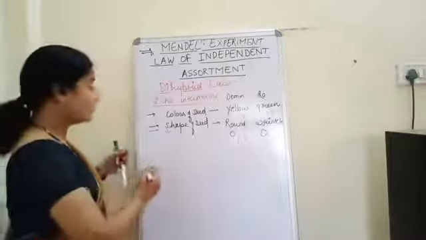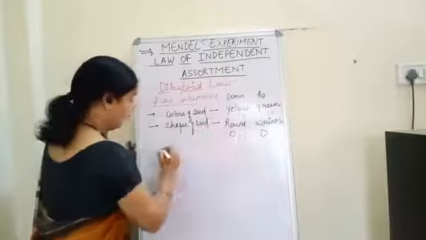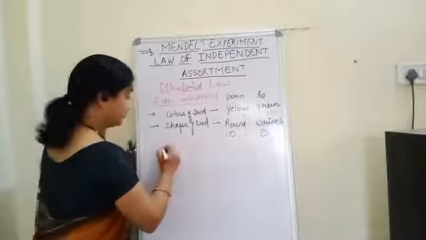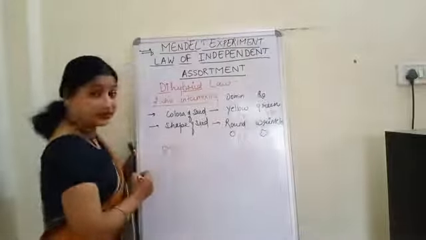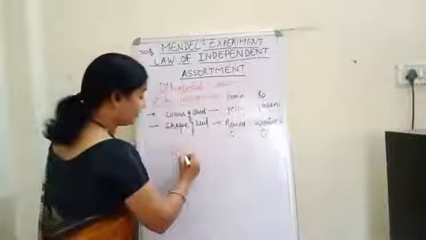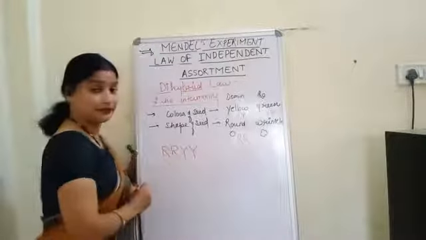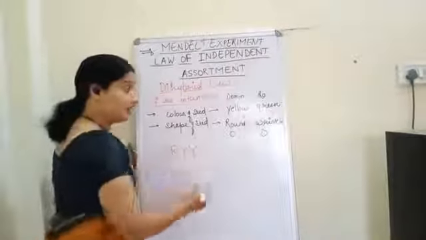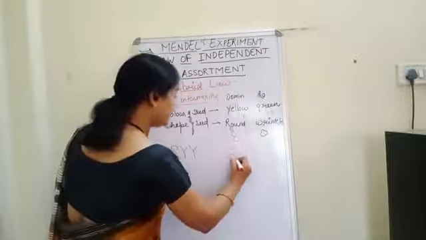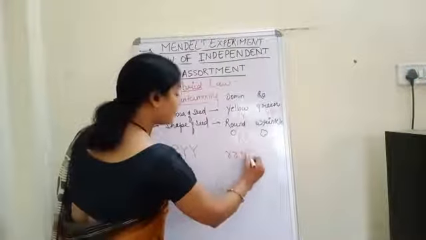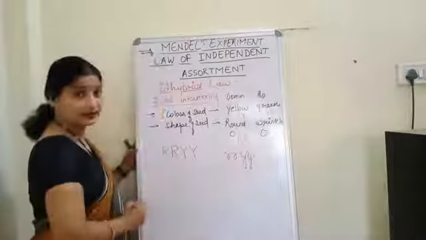Okay. Now come to the seeds. Now what were the seeds? He had taken round seeds with yellow color, and on the other side he took wrinkled seeds with green color. Clear?